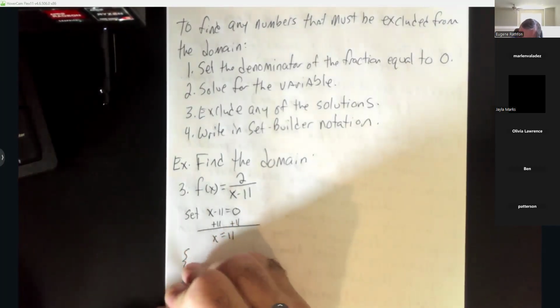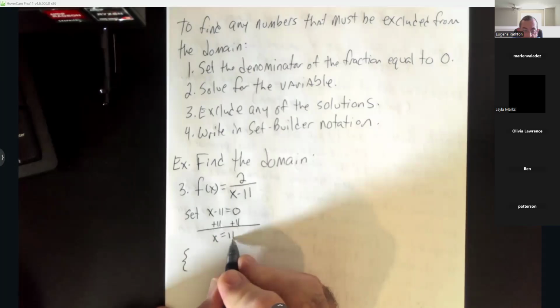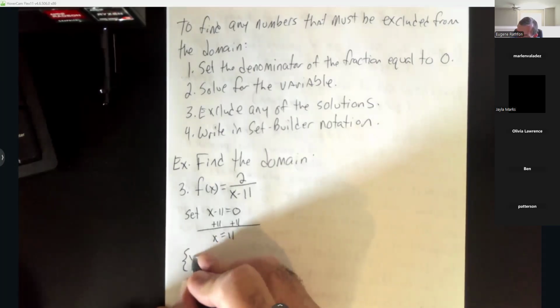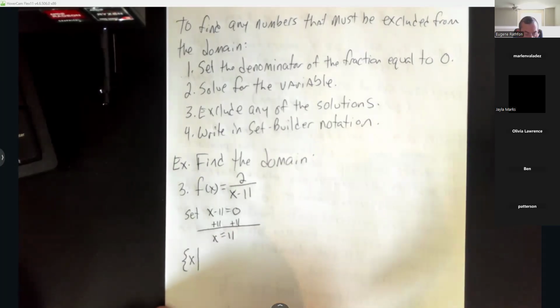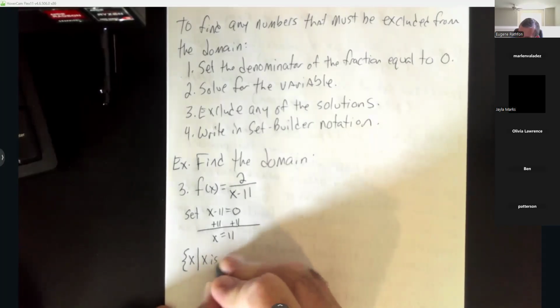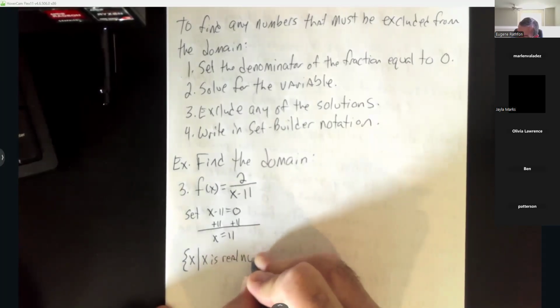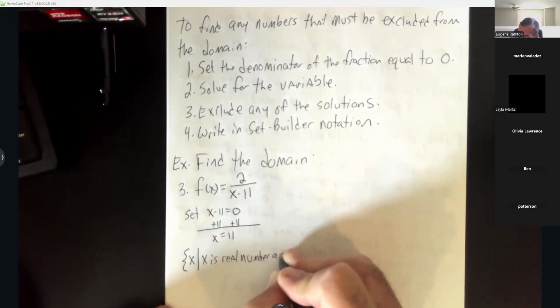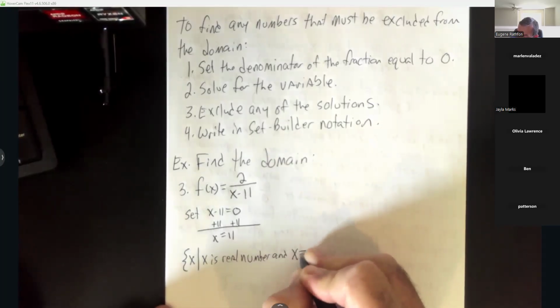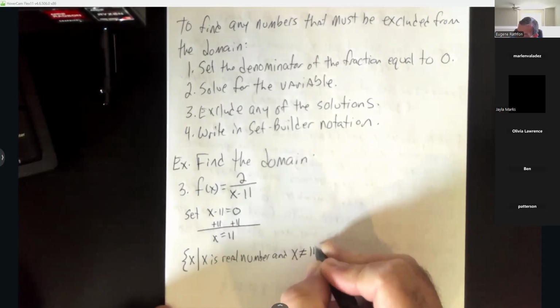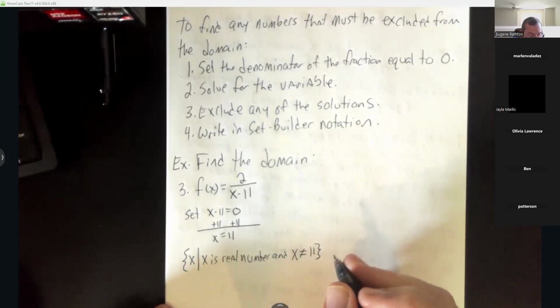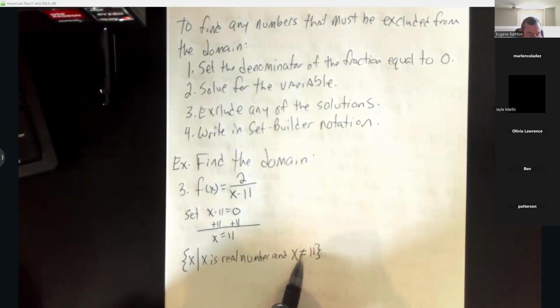So we're going to kick that 11 out of our domain. So x such that x is a real number and x cannot equal 11. So make sure you're picking the ones that's got the not equals on them, okay?